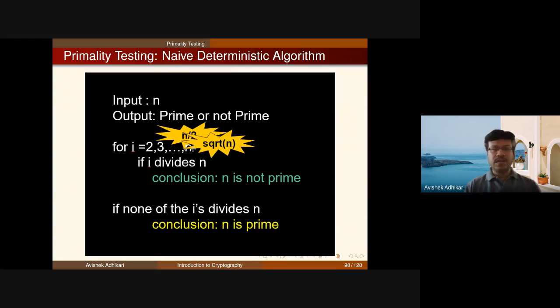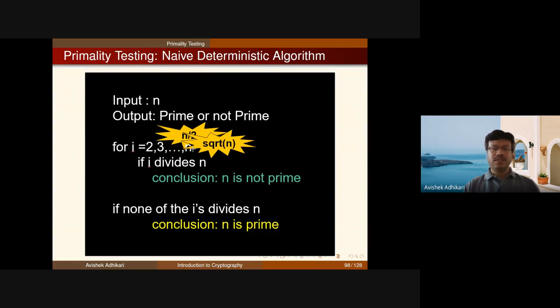If any of the i's divides n, then your conclusion will be the number is not prime. But if none of them from 2 to n minus 1 divides n, then your conclusion will be the number is prime.